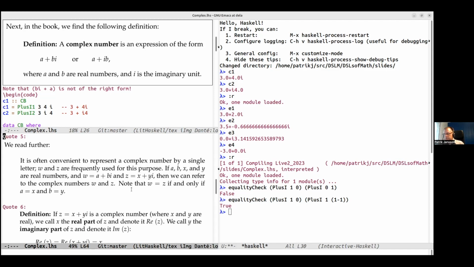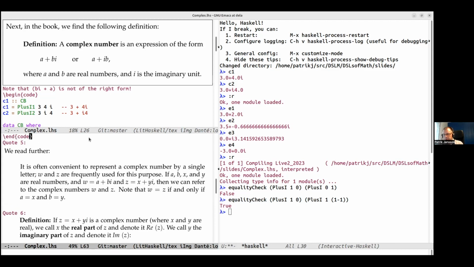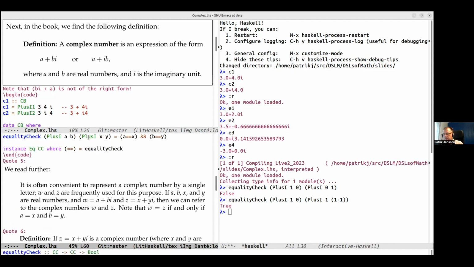And then it says also what we already implemented is the equality check. w equals z if and only if a equals x and b equals y. And that was precisely what we wrote here. a equals x and b equals y. So here finally they say that, well, there is only one way of writing the complex numbers, and they only have two important components, both real numbers.